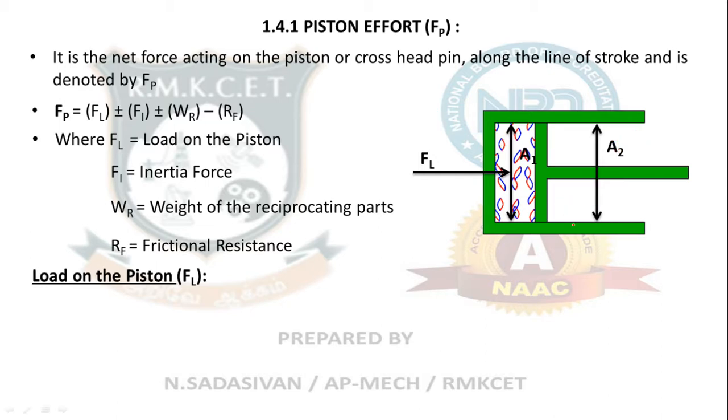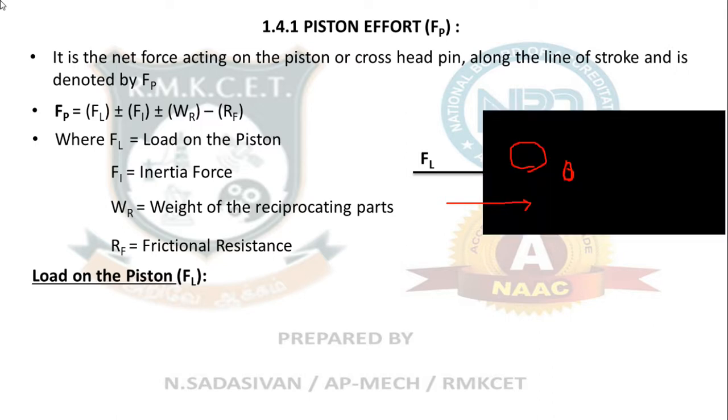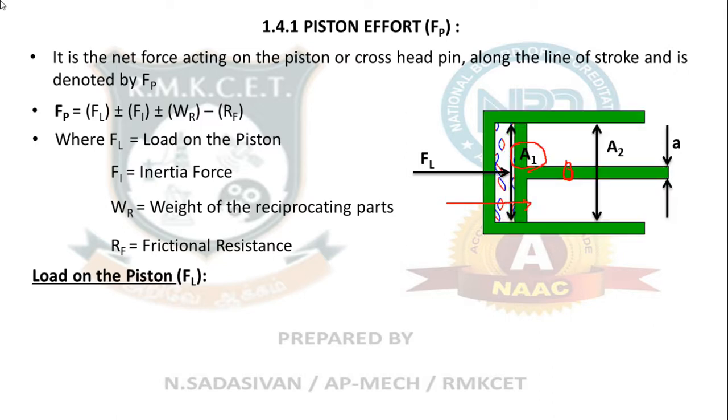In such cases you have to remember that the area available for the forward stroke is the entire area A1, but the area available for the reverse stroke is lesser due to the presence of this connecting rod. So for a double acting steam engine I have to consider the connecting rod area and subtract it from A1 or A2. In most cases this A1 and A2 will be equal.